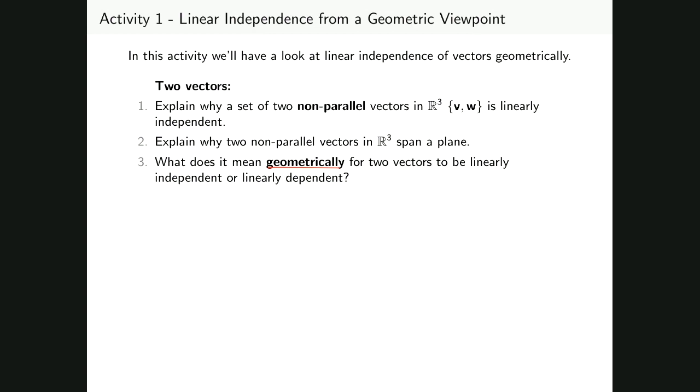Okay, so for two vectors, we have this really nice theorem: if they're dependent, that's equivalent to v and w being parallel.